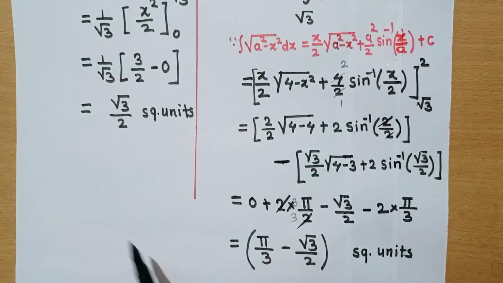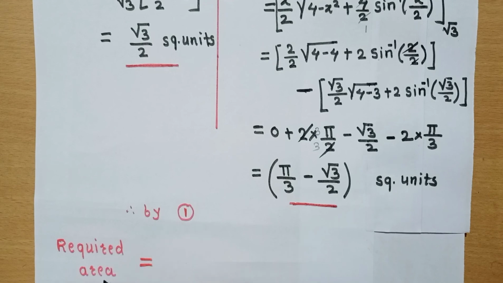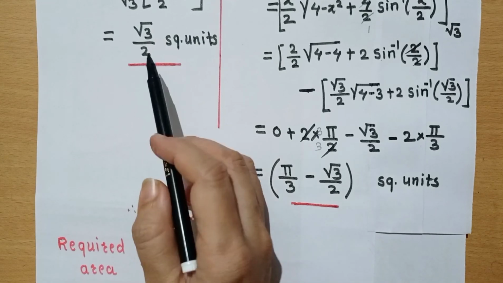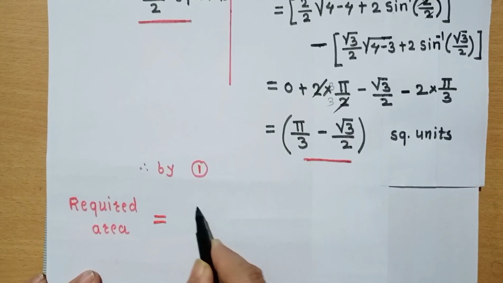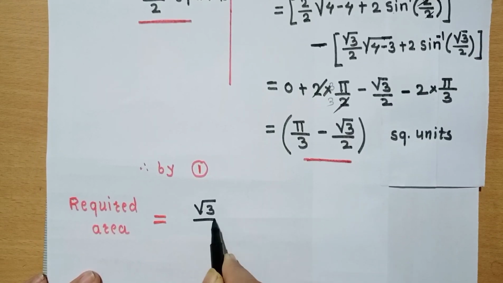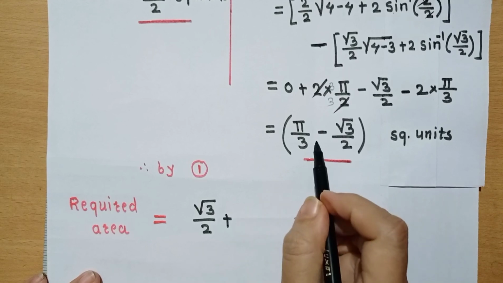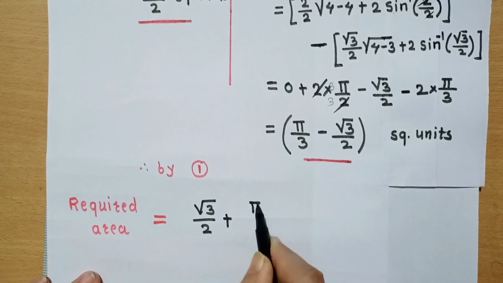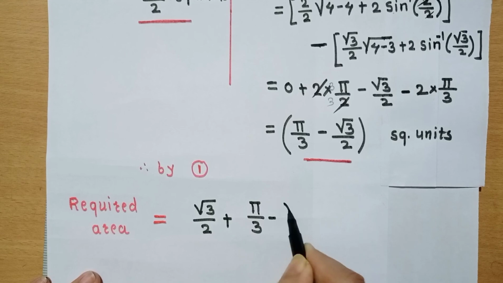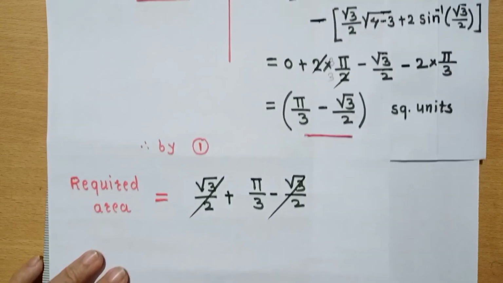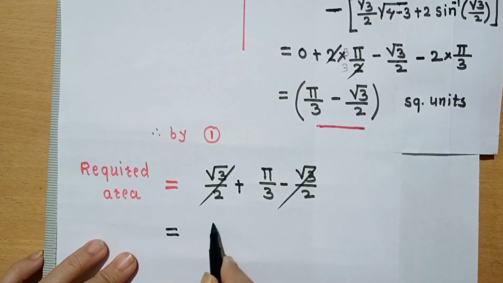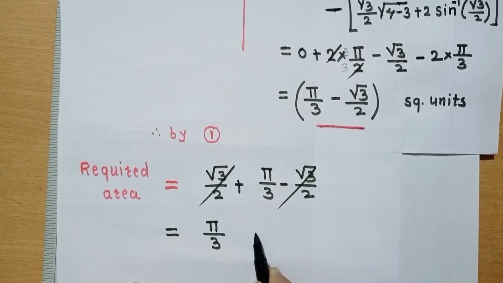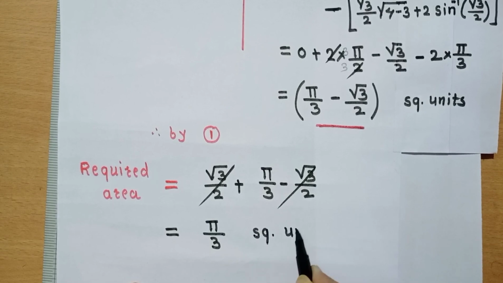And now we will add this area and this area, so we will get the required area. Therefore, the required area is equal to the area under the line, which is root 3 upon 2, plus the area under the circle, which is pi by 3 minus root 3 upon 2, and this gets cancelled, and so the required area is pi by 3 square units.